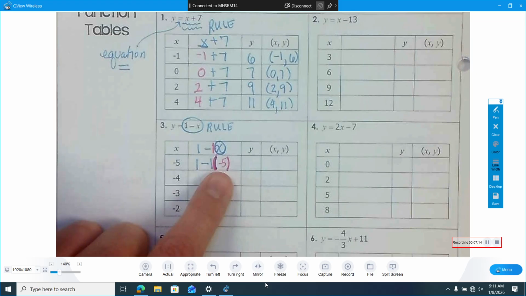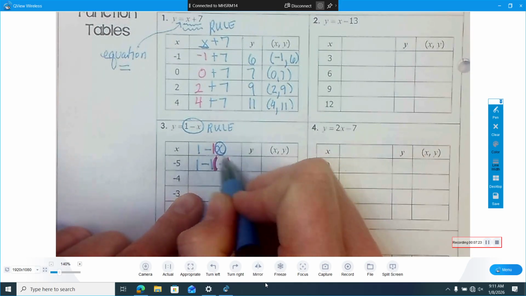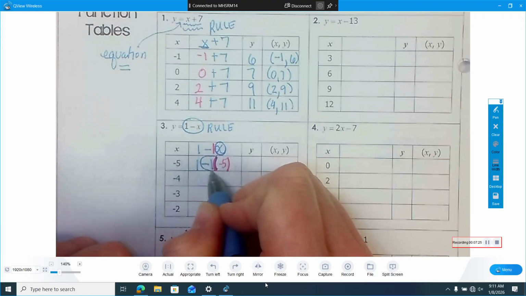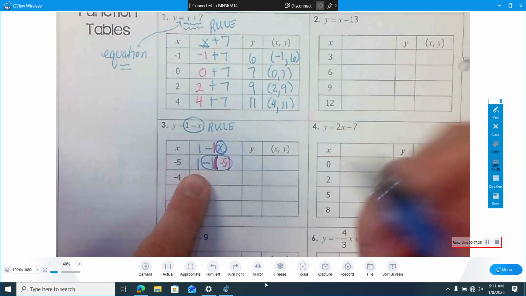So, order of operations. What do we have to do first? Yeah. So there's really nothing to do inside the parentheses, but this is the product right here. We need to deal with that first. What is -1 times -5? 5.